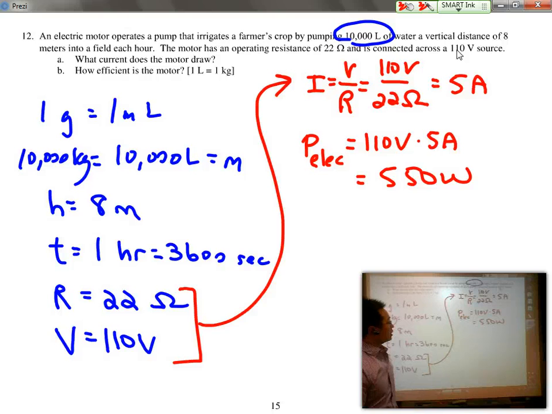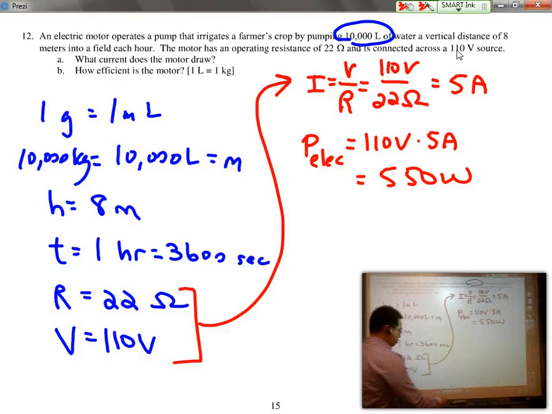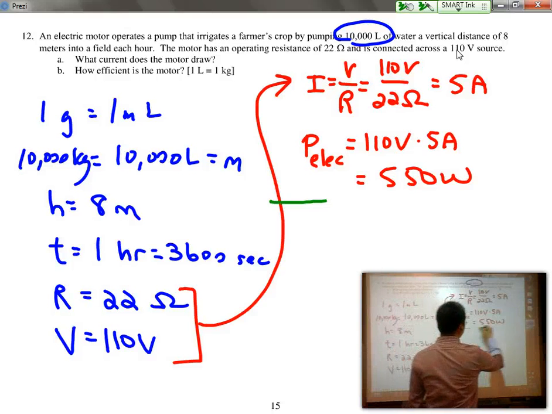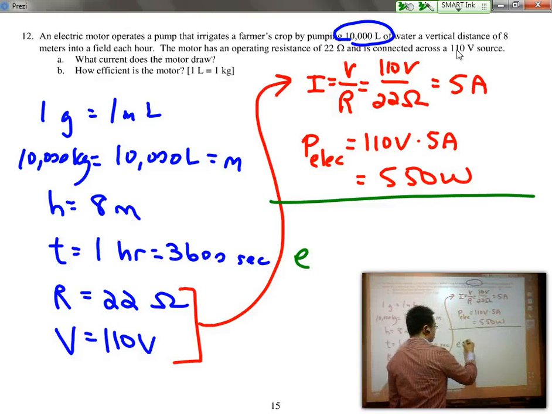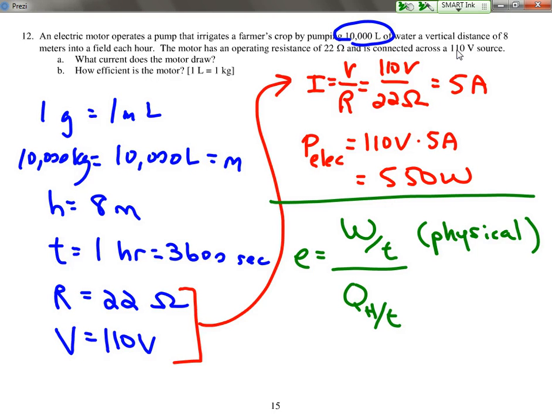Okay. Now, when they ask us how efficient this motor is, we actually have to look back at our original efficiency formula from thermodynamics. In other words, the efficiency is equal to how much work per second was actually done, so the physical or mechanical work divided by QH over time.